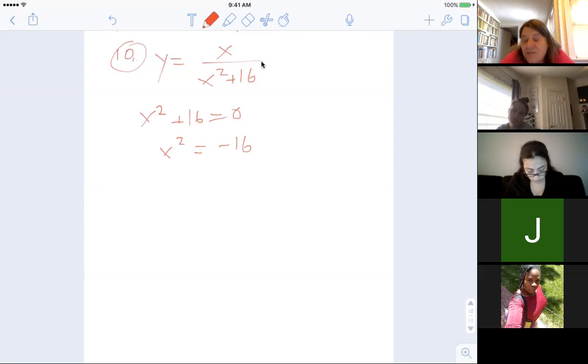Well, it's always a positive number, isn't it? So if you were to try to solve for x there, you get the square root of -16, another problem, because we don't know anything squared that's -16. So guys, there's no problem here with that denominator. It is never going to be 0.